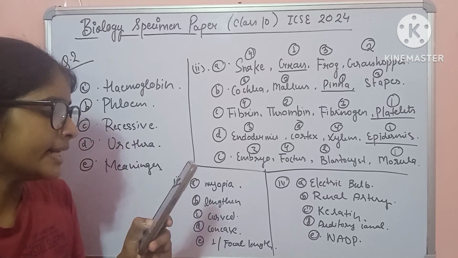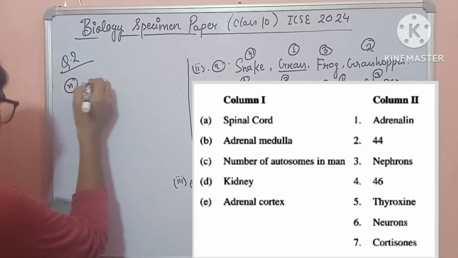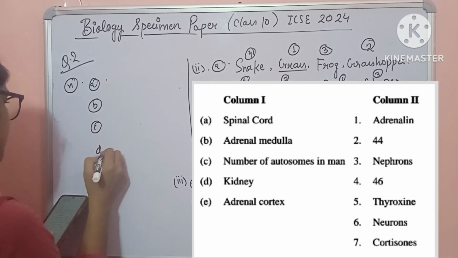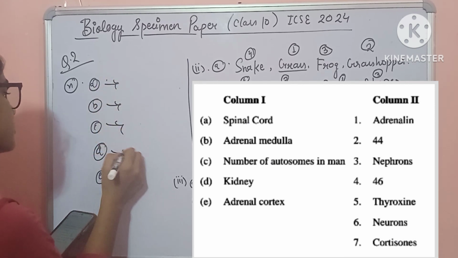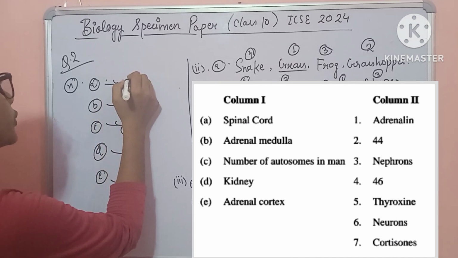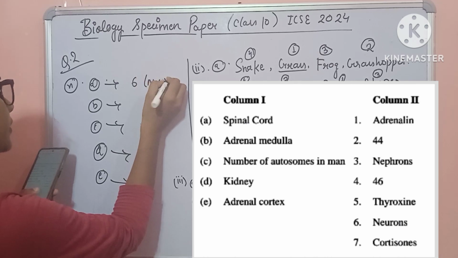Now the fifth part is matching. Let's do the matching. Fifth part. A, B, C, D, and E. Okay, just do it. Spinal cord, neurons. A will go to 6 neurons.